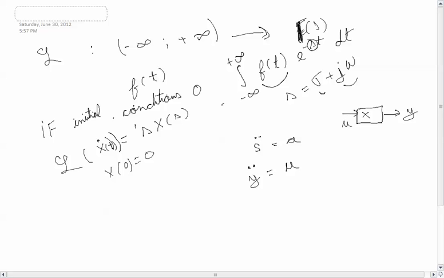And if we apply the Laplace transform and we assume that everything is 0 and nice, we get s squared, for each dot I get an s, y of s equals u of s. And then I can say that y of s divided by u of s, which in your classes you call g of s, equals 1 over s squared.